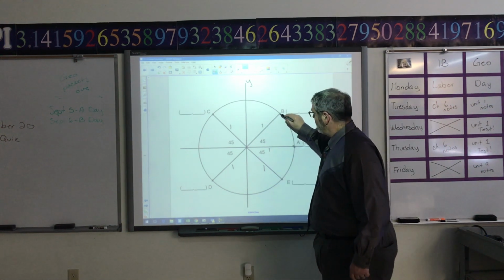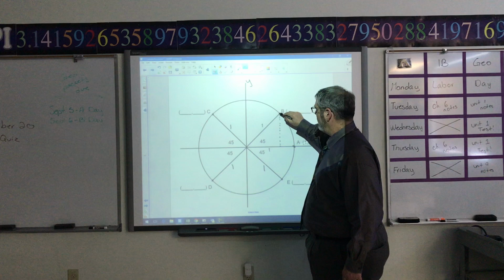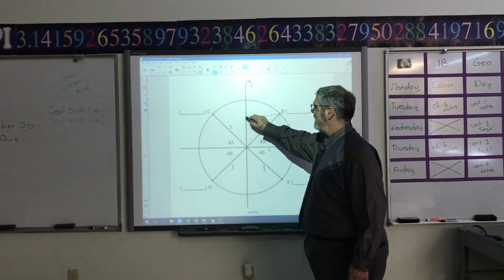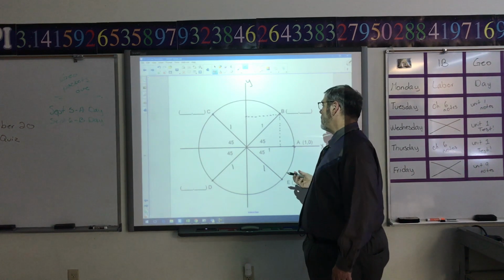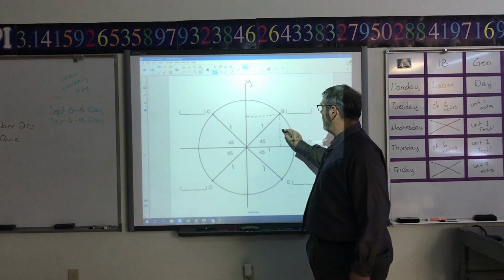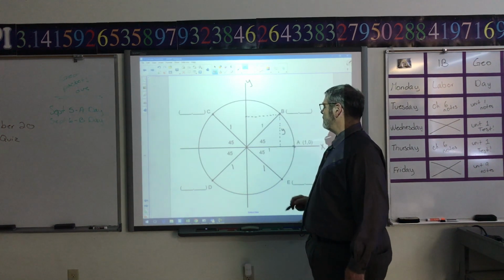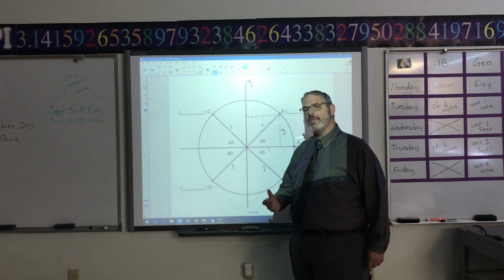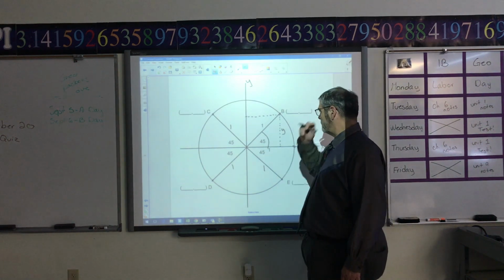I know that the height of B from my x-axis, or if you will, my y value for point B, my distance from the x-axis to point B, is what I'm going to call y. What will that be for an angle of 45 degrees?